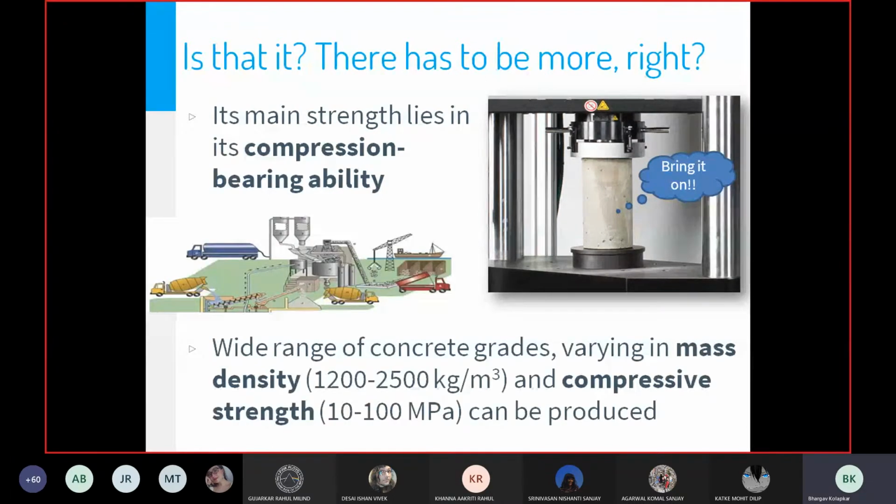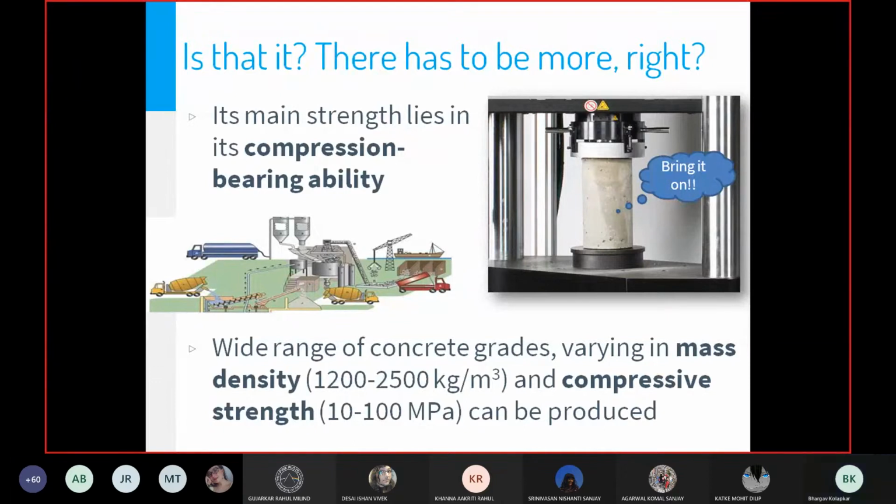Now, as I said before, with the advances in concrete technology, it is now possible to produce a wide range of concrete grades which vary in mass and density and also compressive strength. So the compressive strength that we could develop without too much difficulty is in the range of 10 to 100 megapascals.